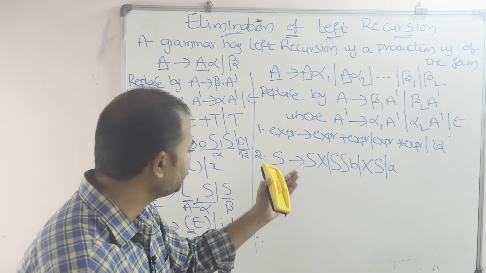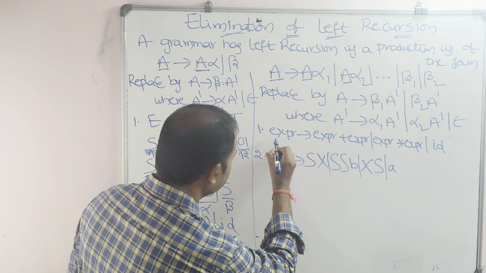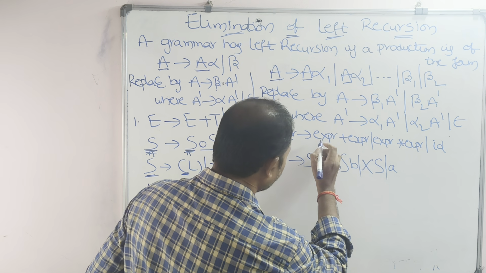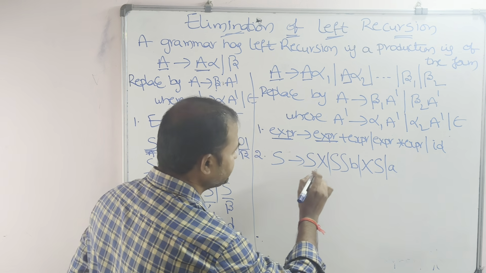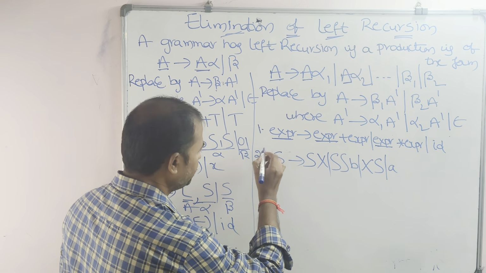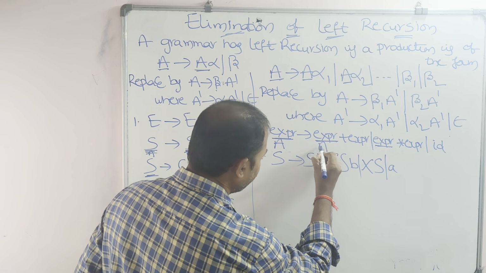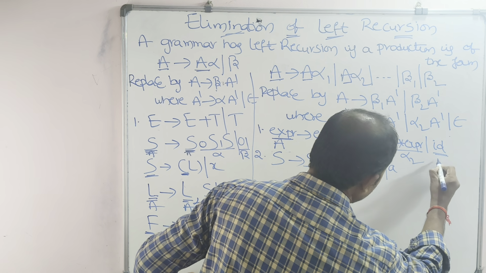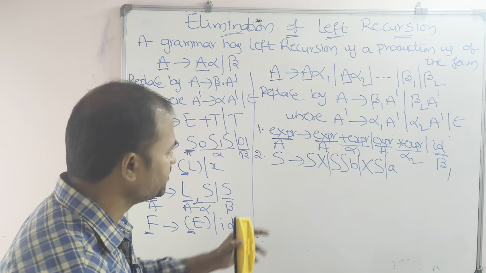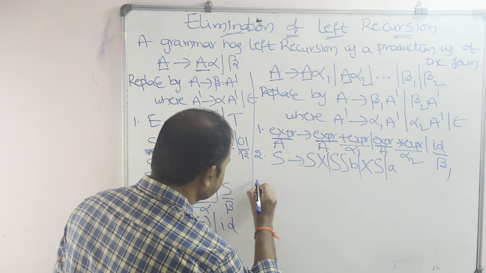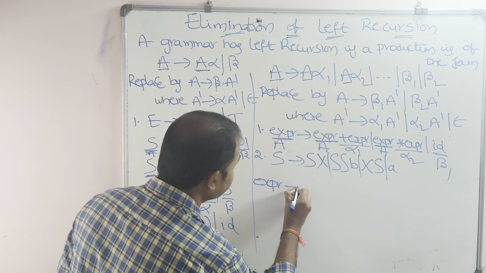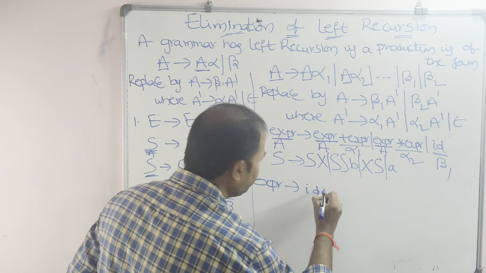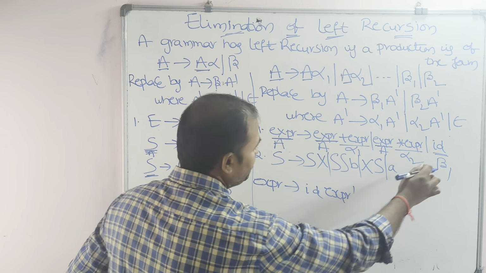So let us eliminate the left recursion for these two productions. If you observe, the left-hand side non-terminal is EXPR, and in the first production the right-hand side also begins with EXPR. So this is in the form A produces Aα1 | Aα2 | β1. In order to eliminate the left recursion, replace this production by EXPR produces β1 A', and here we have only one beta, which is ID. A' means EXPR', and here we don't have any beta 2.